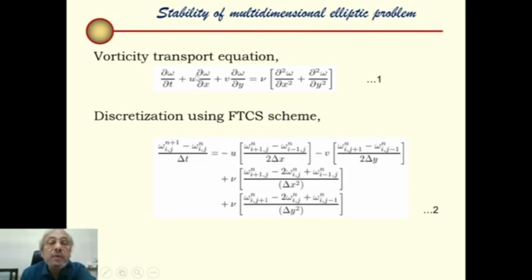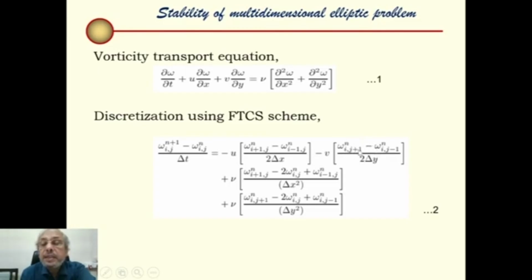Here u, the velocity, will act as coefficient, and v will act as coefficient. This is how we get rid of nonlinearity. Then omega is discretized by central difference: omega i plus 1 j minus omega i minus 1 j divided by twice delta x, omega at the nth level.